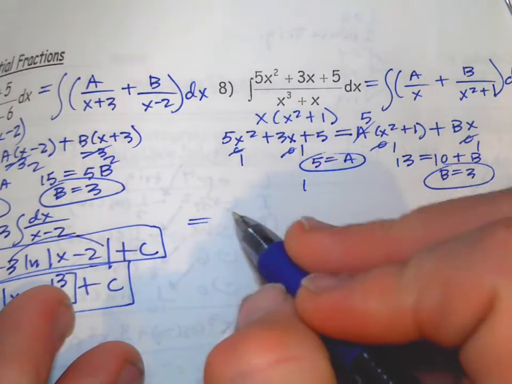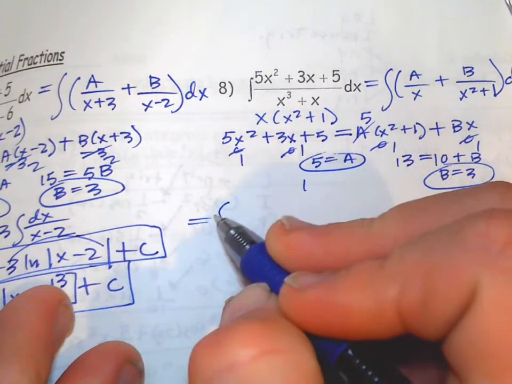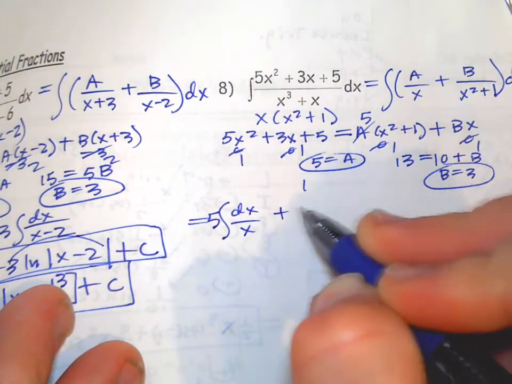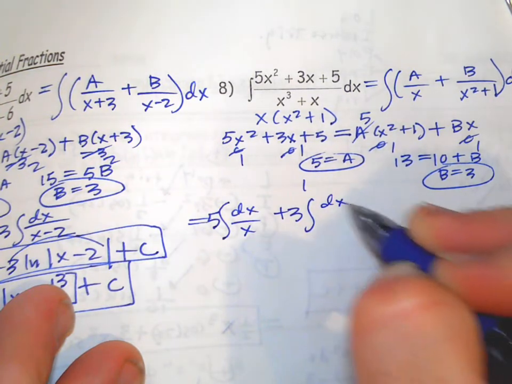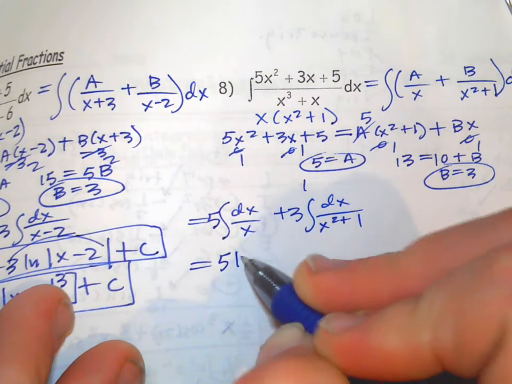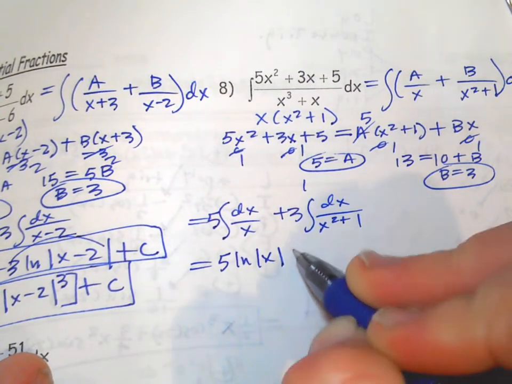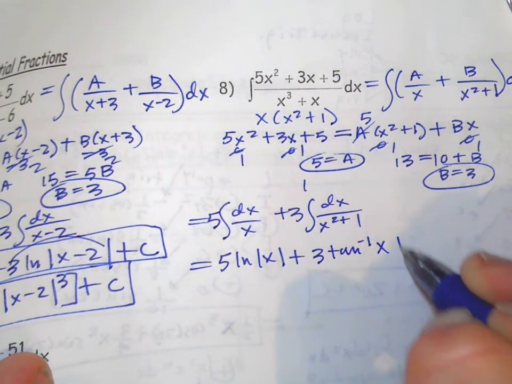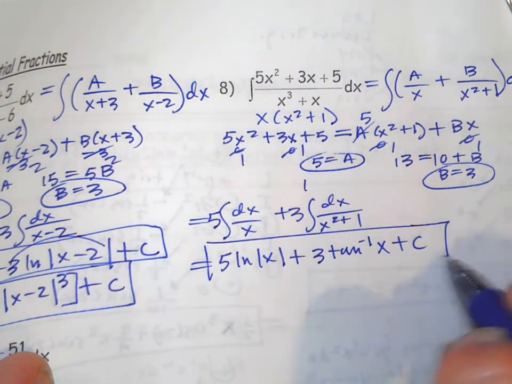It's going to be the integral, I'm going to put the 5 in front, dx over x, plus 3 times dx over x squared plus 1. This is going to be 5 natural log of the absolute value of x plus 3 inverse tangent of x plus C. Done.